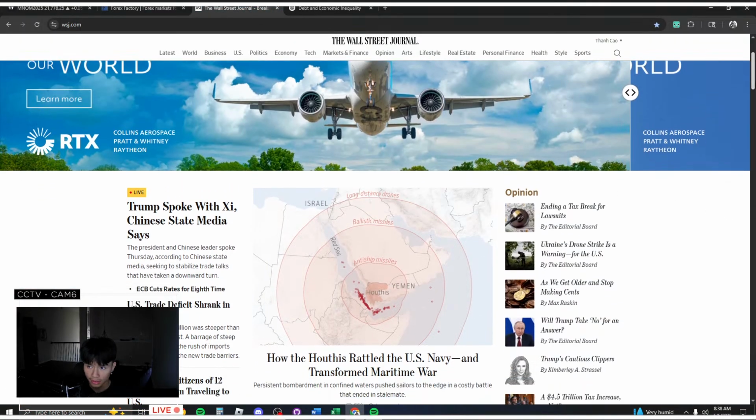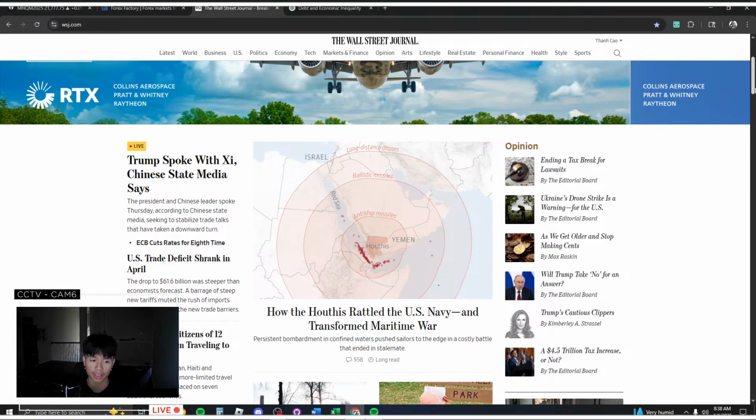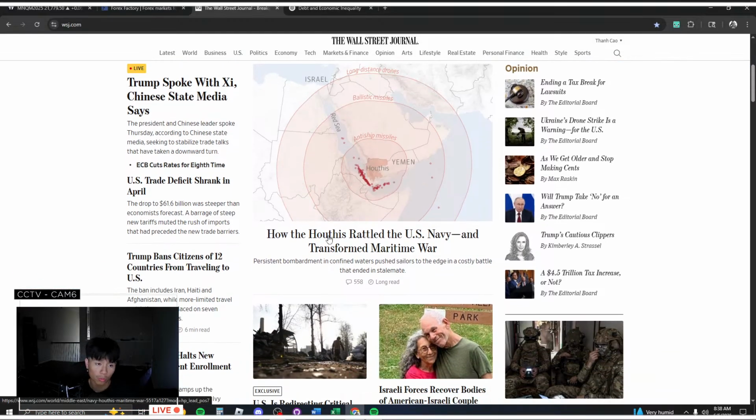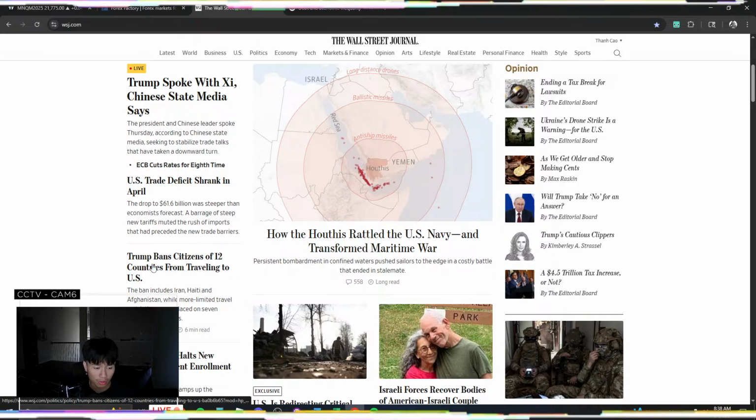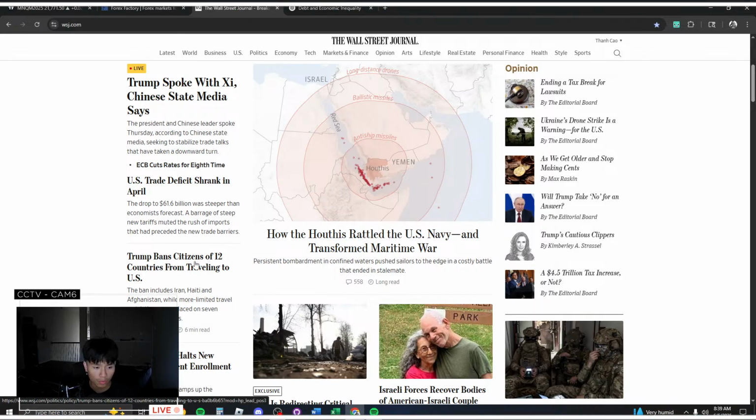And the next thing I do want to do is take a look at some articles just to see what's going on. So, seeing this right here, Trump bans citizens of 12 countries from traveling.